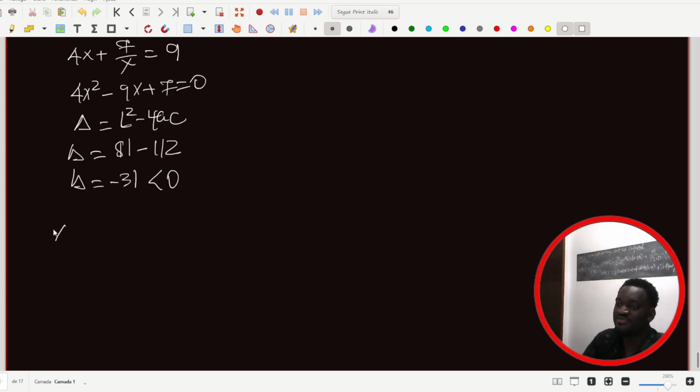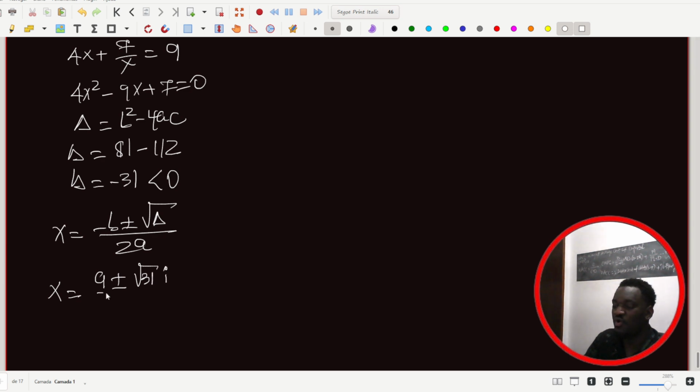So our x from that equation is going to be minus b plus or minus square root of delta divided by 2a. So x is going to be equal to, our b is negative 9, so we have 9 plus or minus square root of negative 31, so we have square root of 31 i, all divided by 2 times a, which is 4, so divided by 8.